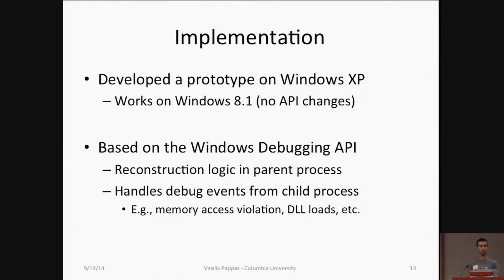All the reconstruction logic is in the parent process, which is responsible for spawning the child process, the one we want to reconstruct the relocations for, and then also handling any debug events that originate from the child process. For example, all the memory access violations, loading of external DLL libraries, and so on.